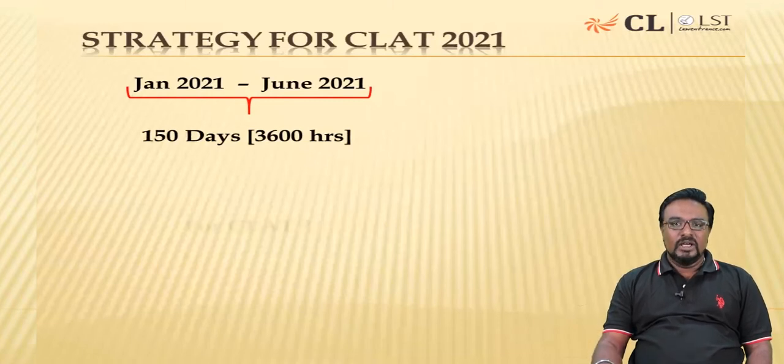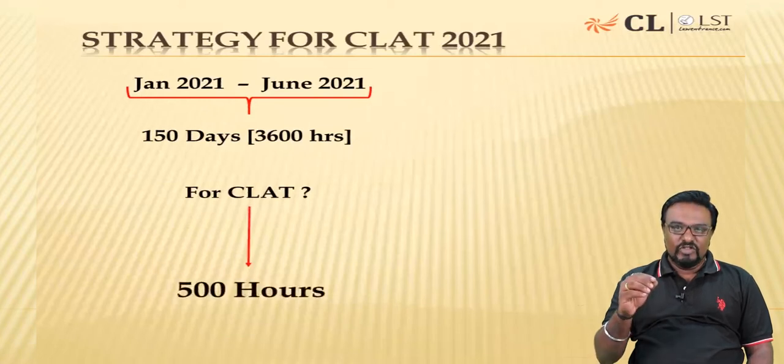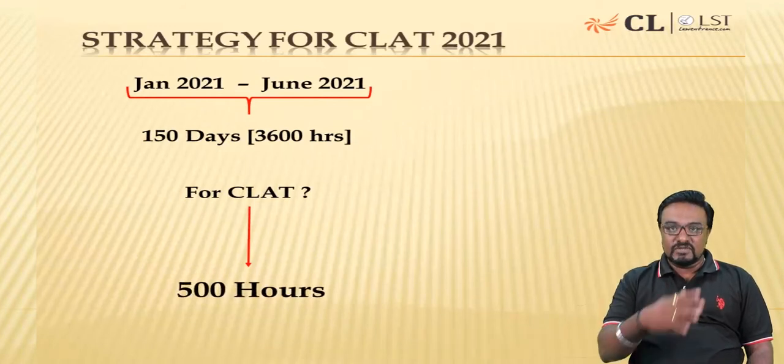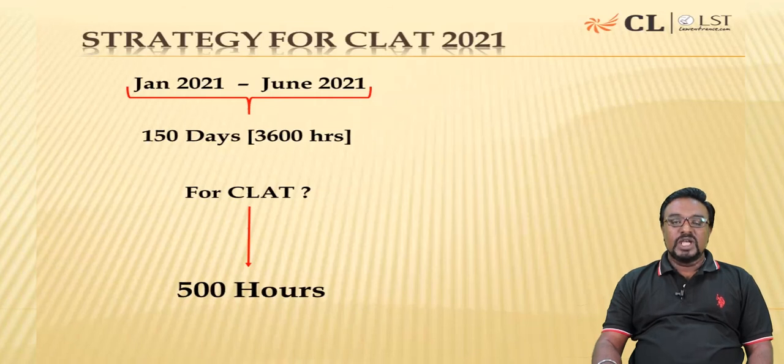But ideally, for CLAT, what you require is just 500 hours. If you are able to give these 500 hours over the next 5 odd months, you can make it to NLUs.